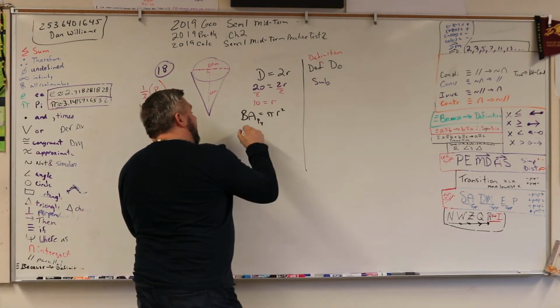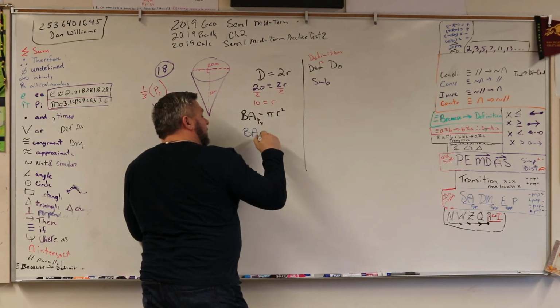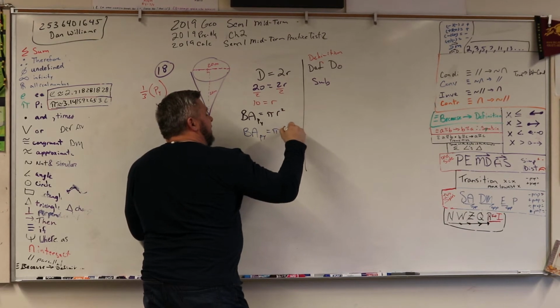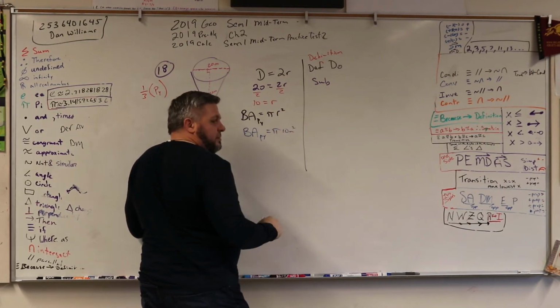So now, the base area of the pyramid is equal to pi times 10 meters squared.